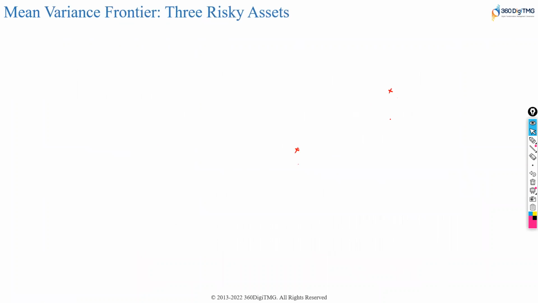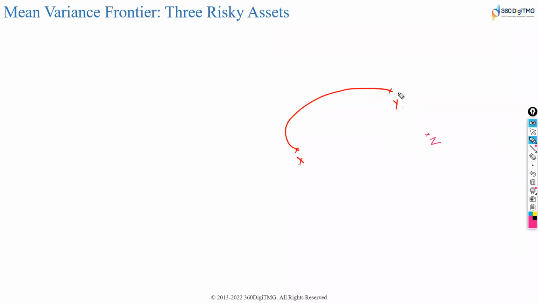So if you have two assets, X and Y, say here these two assets. Then the efficient frontier would look like this. All right. Now, say you have another asset and call it Z. Say you have it somewhere.